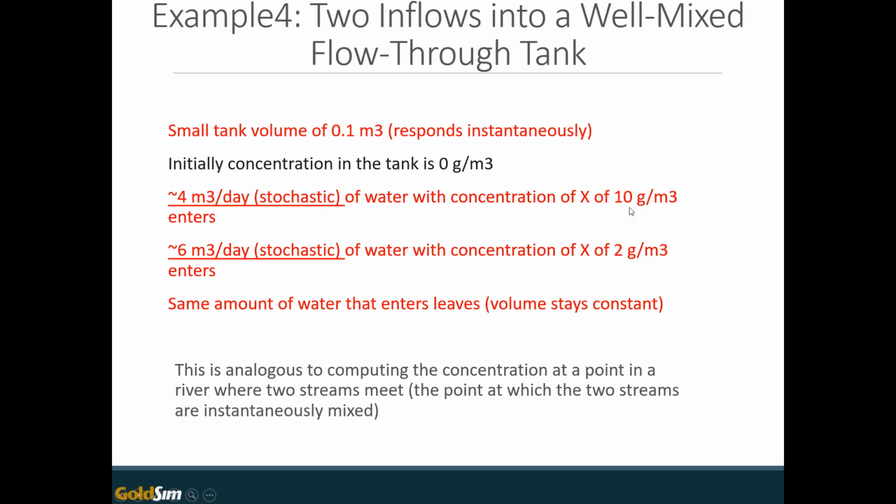So one inflow has a concentration of 10 grams per cubic meter. The other inflow has 2 grams per cubic meter, but I'm going to say the flow rate is a little bit different. So basically, the flow rate is bouncing around. It's not always 4. I'm going to simulate this as a stochastic. It's going to bounce around. This one's going to bounce around 6. Okay.